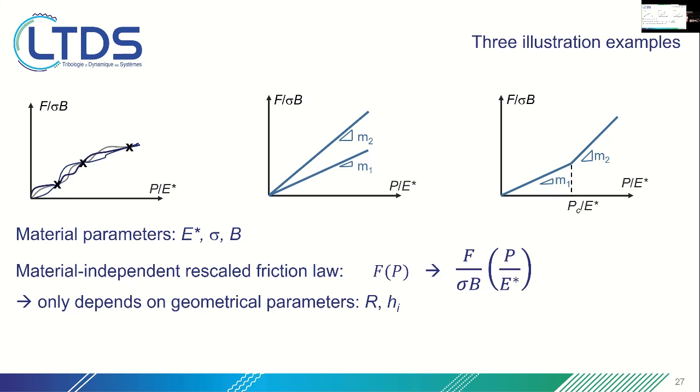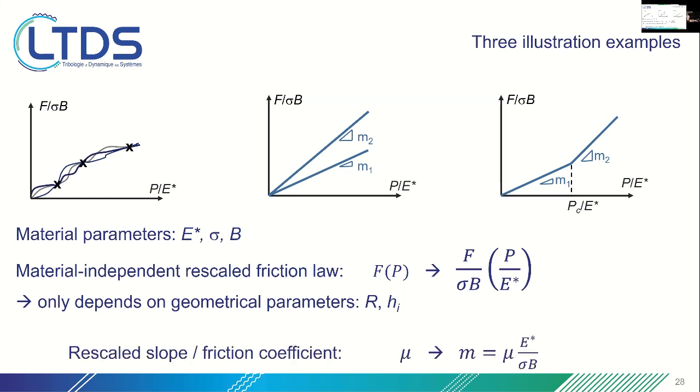When you do that, you have a rescaled friction law. And this rescaled friction law now only depends on geometrical features of your interface, radius of curvature and the list of heights. And in particular, the friction coefficient now is the equivalent of the slope of this rescaled friction law through a coefficient which is E star divided by sigma b.